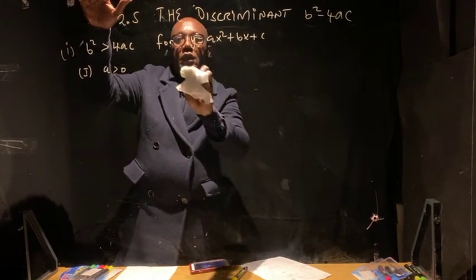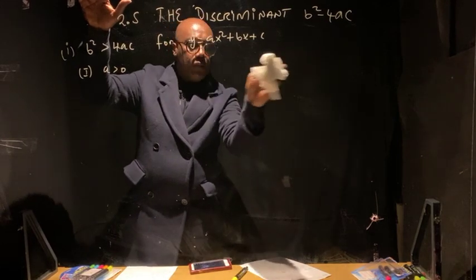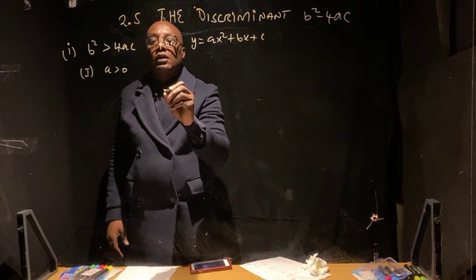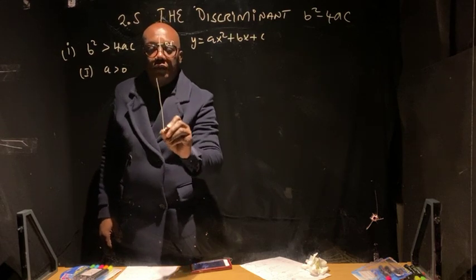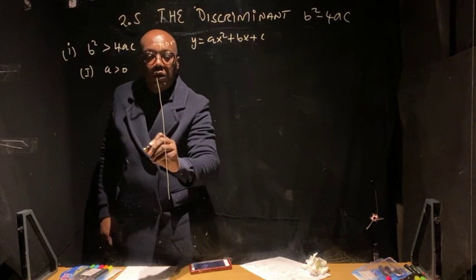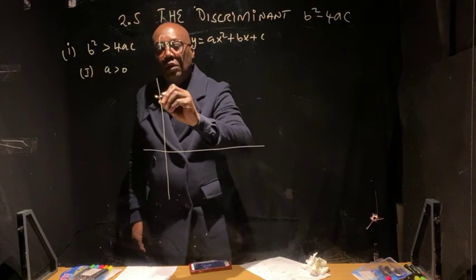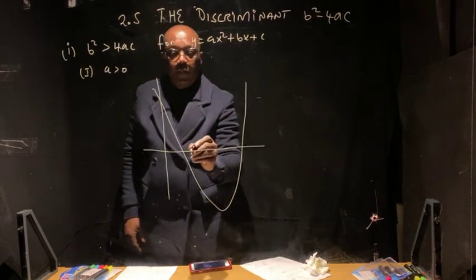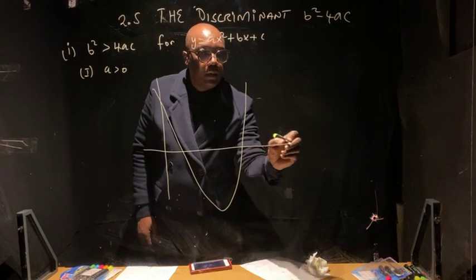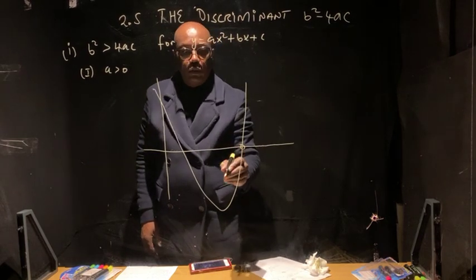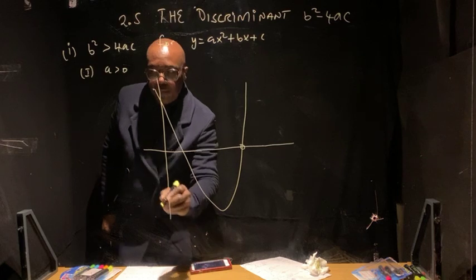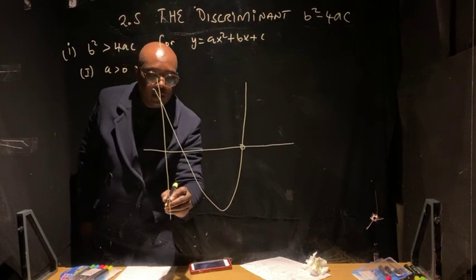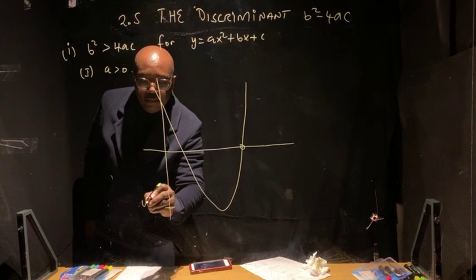In that case, we have the whole board for one graph at a time. For this one, remember, because a is greater than 0, the curve will have a y minimum.